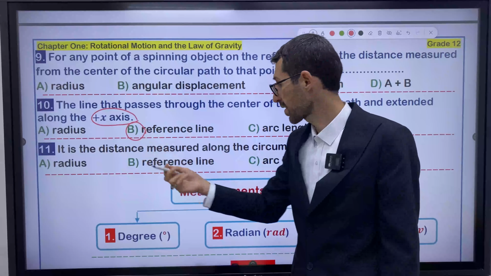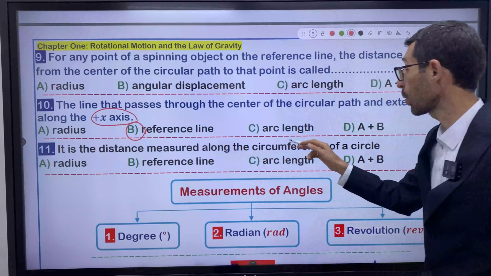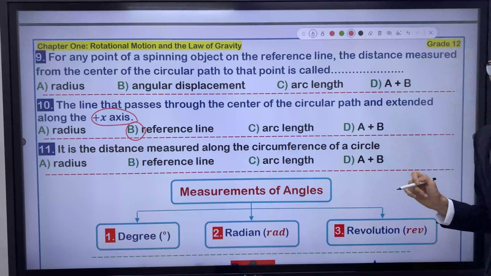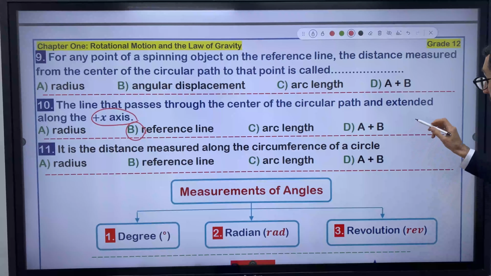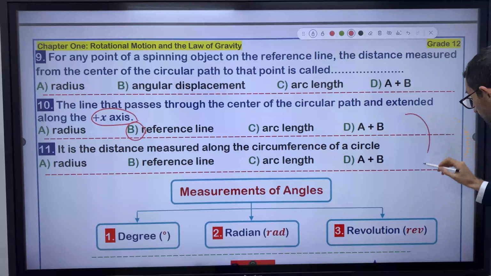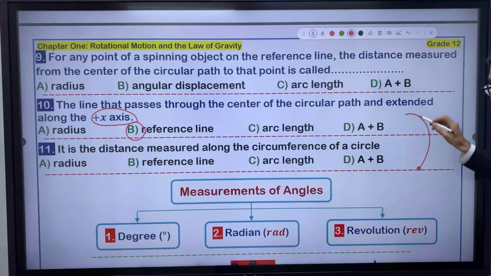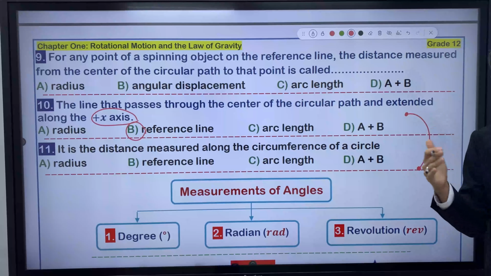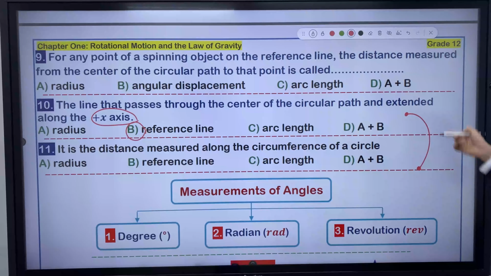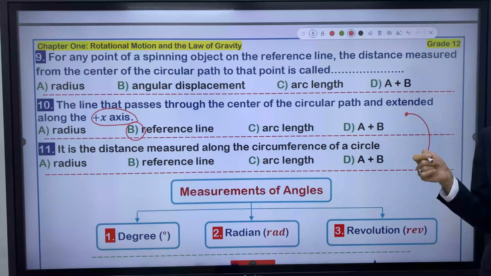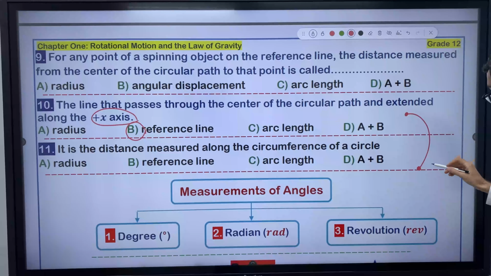Number 11, it's the distance. It's another definition. It's the distance measured along the circumference of a circle. For example, this is a circle. Think about an object that moves between two successive points on the circumference of a circle, from here till here, initial position, final position, during a time interval.